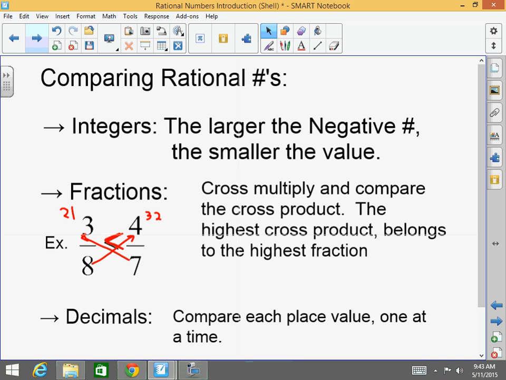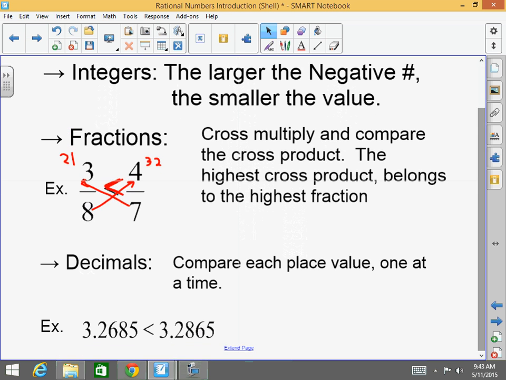Decimals. Compare each place value one at a time. For example, here, I've got the 3 and the 3. They're both equal in the same place value. 2 and 2. But 8 is greater than 6.